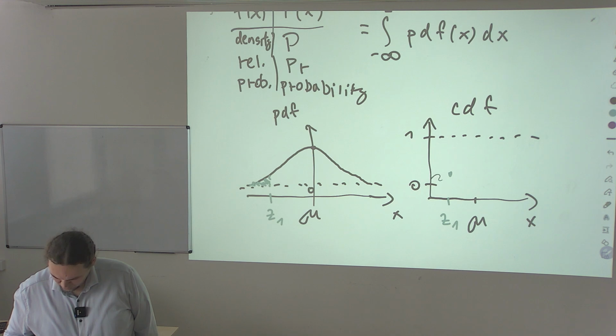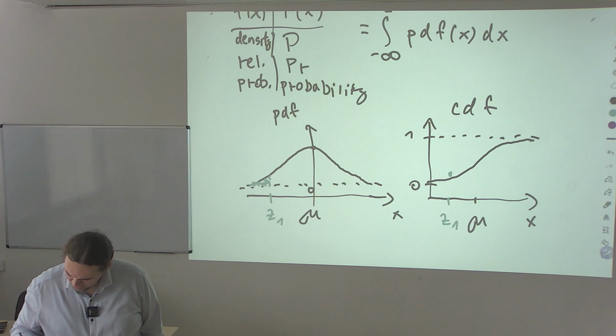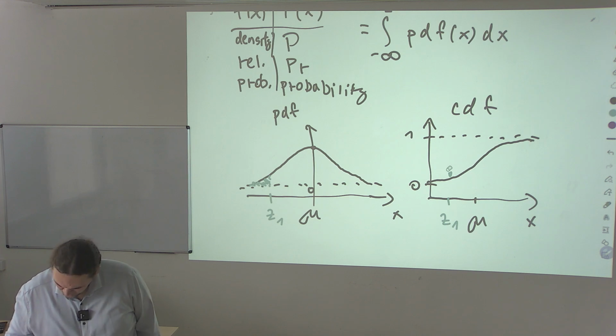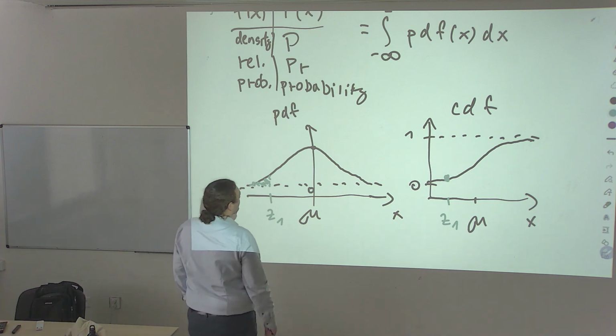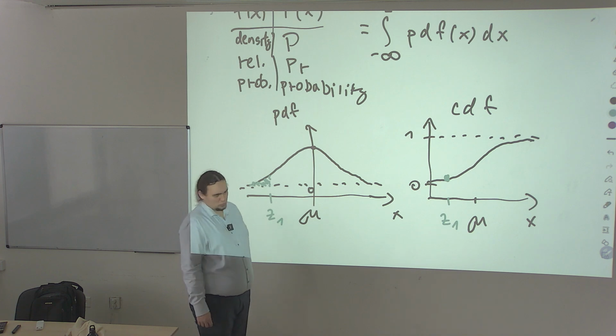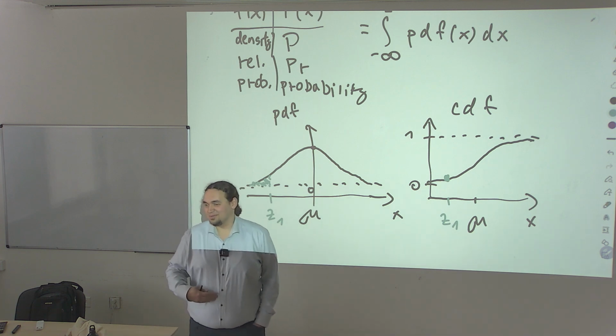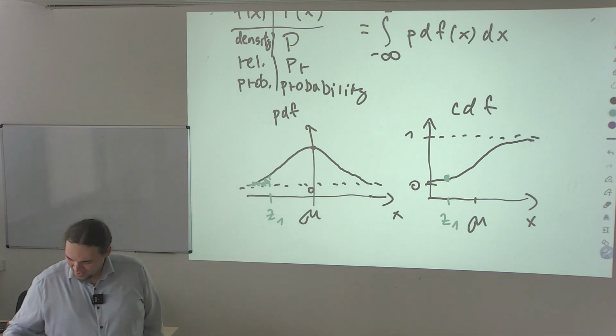We get an inflection point. Maybe I need to redraw this. We should get something like this. Let me redraw this blue dot. Would it work, or did I just make it up?